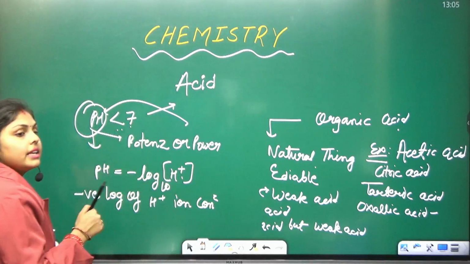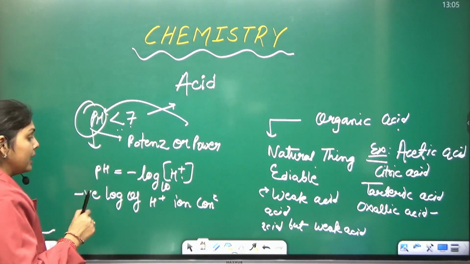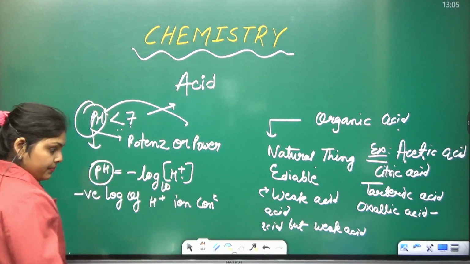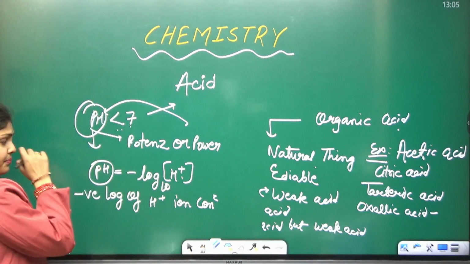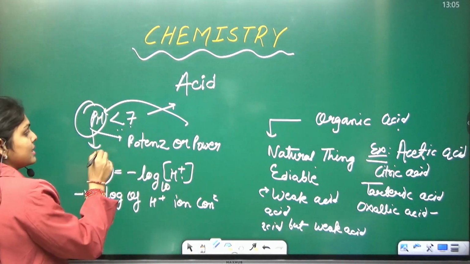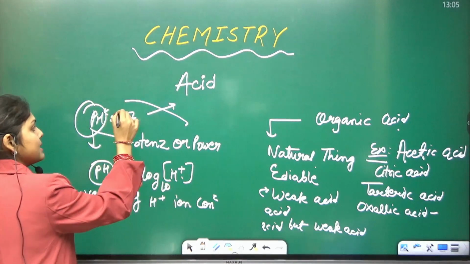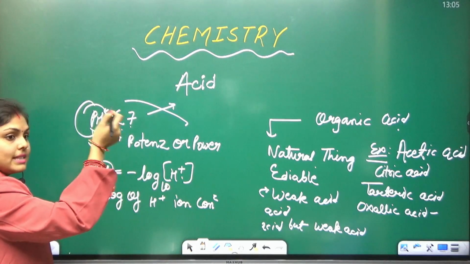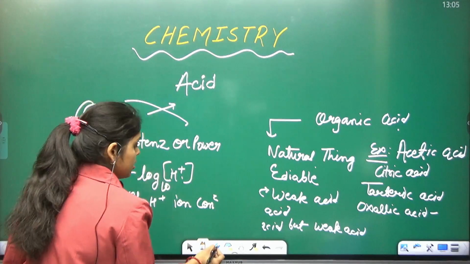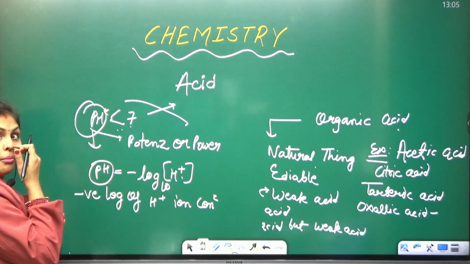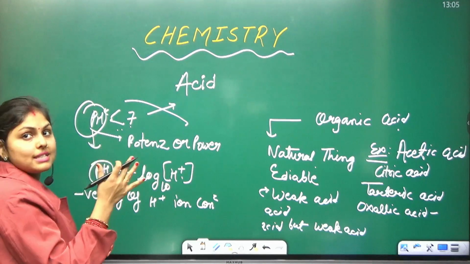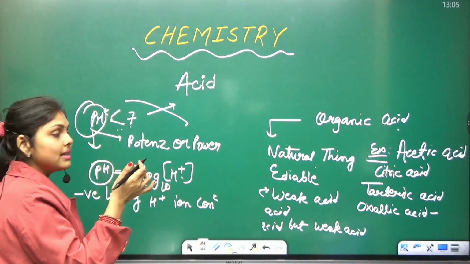If we take the negative log of the hydrogen ion concentration, it will be equal to pH. Okay, so you can easily say whether a substance has a pH value less than 7, then it must be an acid, and if more than 7, then it will be a base. So these are the normal properties. By seeing this you can say whether a substance is acid or base.